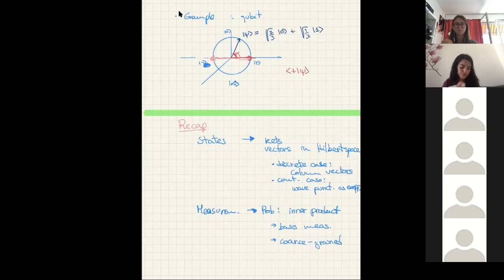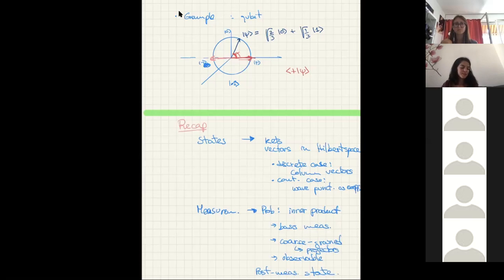And we also found this way of representing, which is with respect to an observable. And we saw that the coarse-grained cases, we do it as projectors. And finally, we saw the post-measurement state.